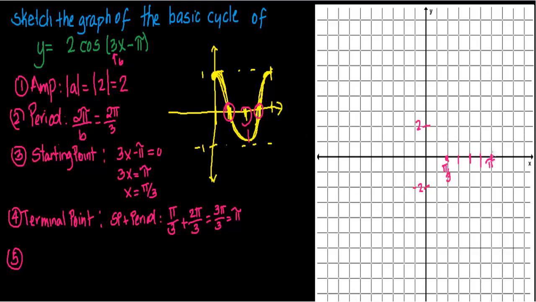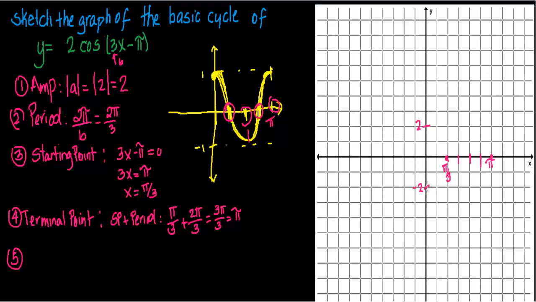And then my terminal point, which is where the graph ends, that's your last point. That's your pi for this function. So that's why these tick marks help me, because they're going to guide me through sketching this graph as precisely as I can. Okay, so let's do that.